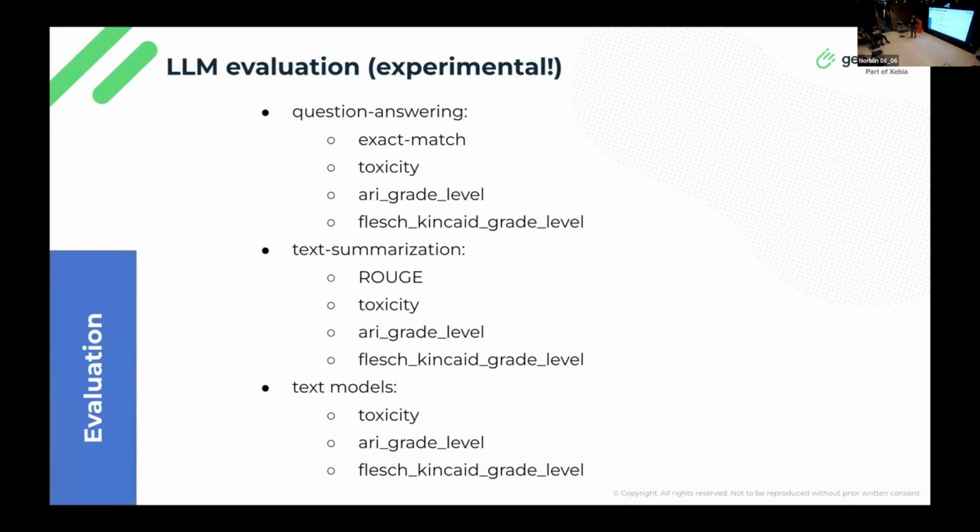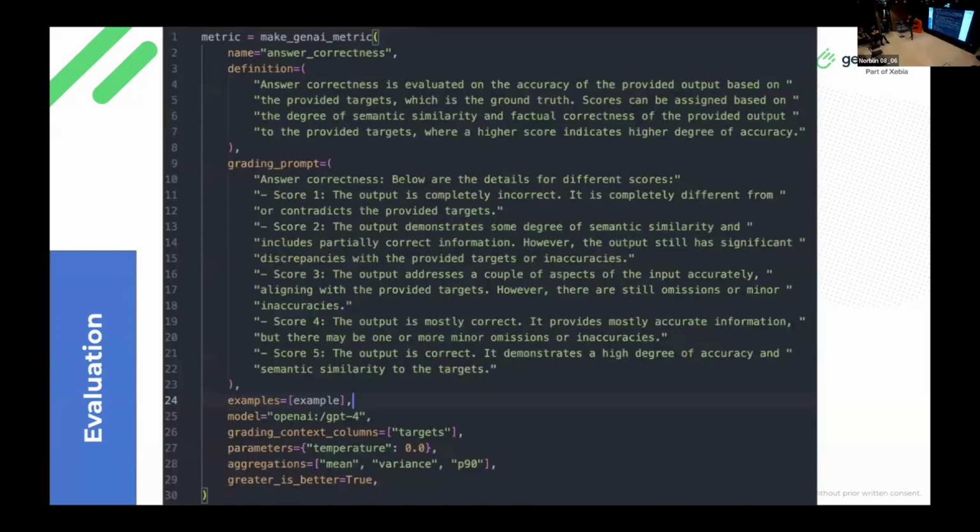You can plug in the model and you will be able to calculate those metrics based on the LLM responses. But one interesting thing is that they actually created something called Gen AI metric, and it's a tool that allows you to use LLM to evaluate LLM.